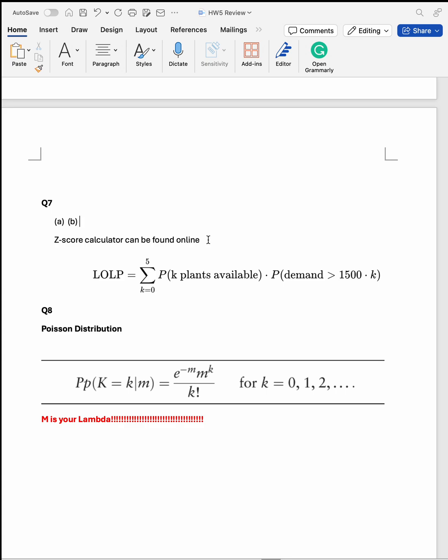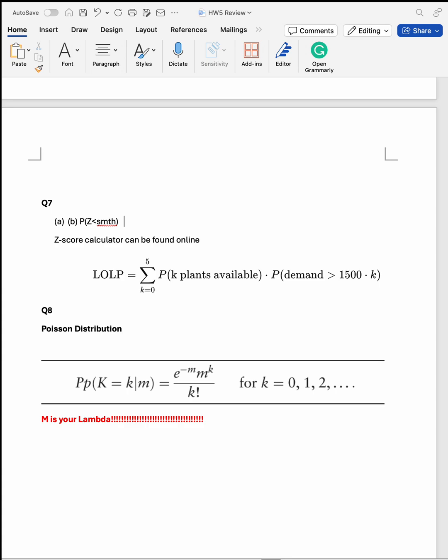So you will calculate the z first, then you will get the probability of z smaller than something, and then you will use the z-score calculator to find the real probability. The computer will tell you; you are not going to calculate the probability of z by yourself.